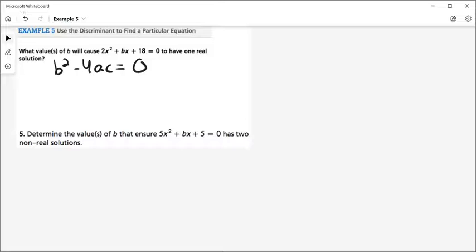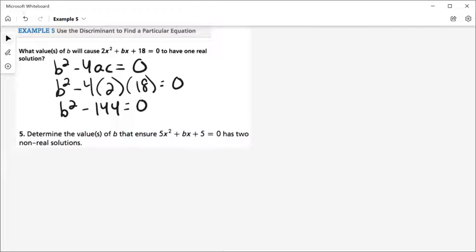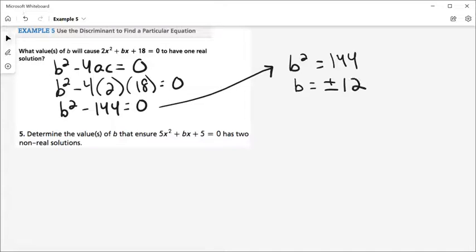So when we plug in the values from this equation, we have b squared minus 4 times 2 times 18. This equation simplifies to b squared minus 144 equals 0. So b squared would equal 144, and b is positive or negative 12.